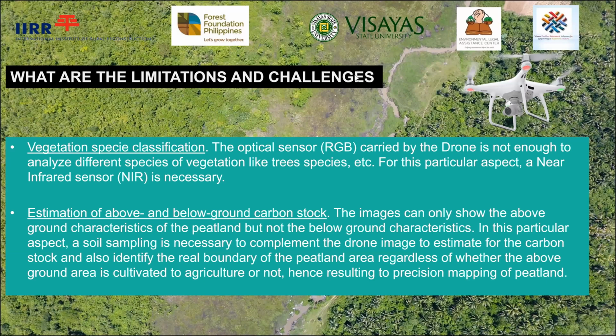And sometimes it's not so easy to go into the field in peatland. You have to walk because there is no road where a four-wheel vehicle can go. So you need to maximize your time while you are there. Have more batteries with you.